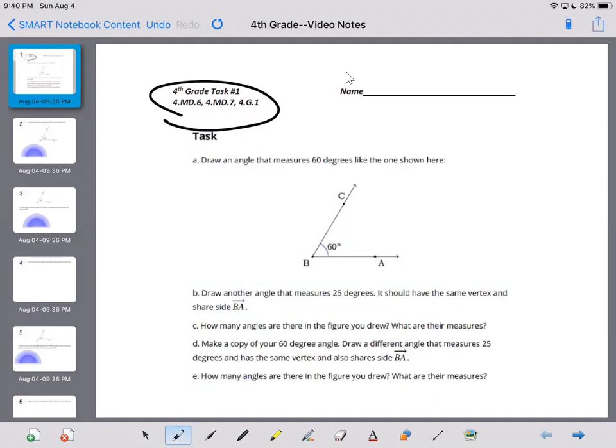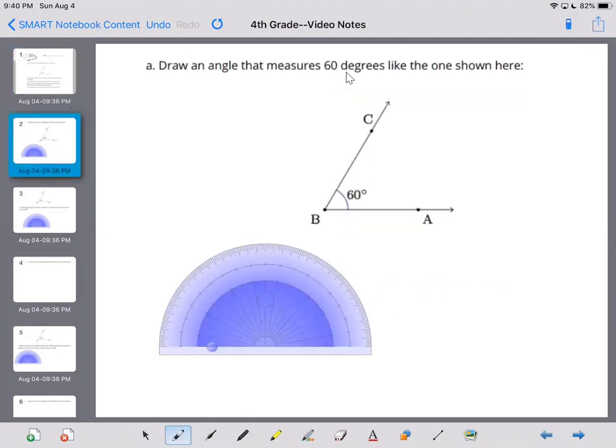So what we have here on part A, it says draw an angle that measures 60 degrees like the one shown. Okay, so when I go to my protractor, I'm looking at each of these tick marks. So this would be 0, this would be 10, 20, and we see the 90 degrees.